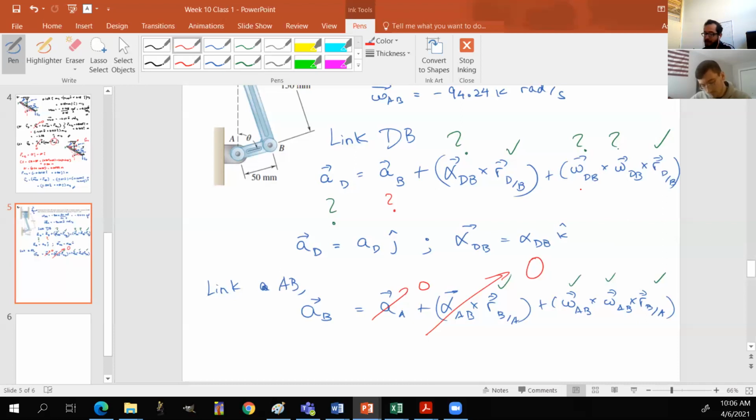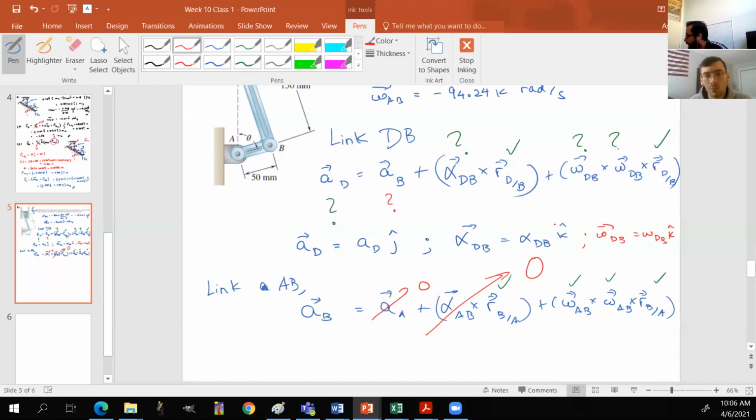Ideas, ideas, ideas. Where do I get the additional equation from? By the way, are you guys clear on why we're short of equations, right? Omega DB is unknown, that's going to be one unknown, because omega DB is just equal to omega DB k hat.